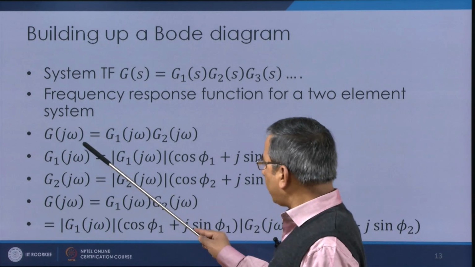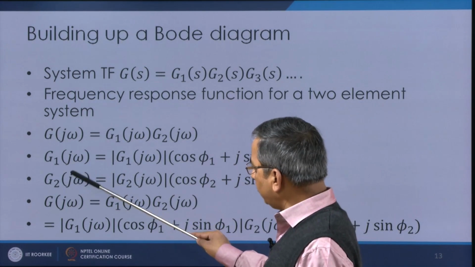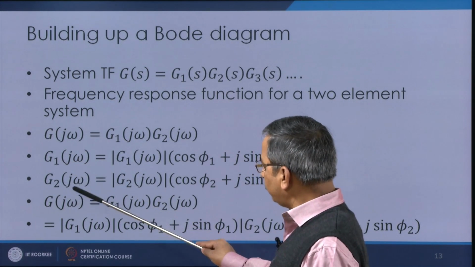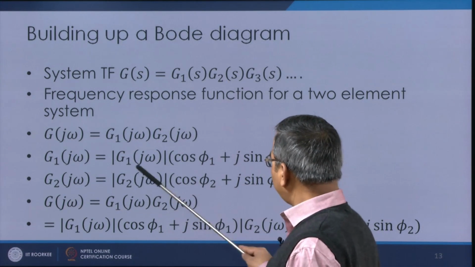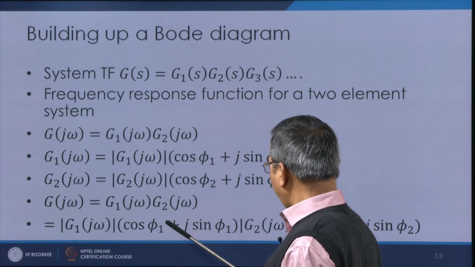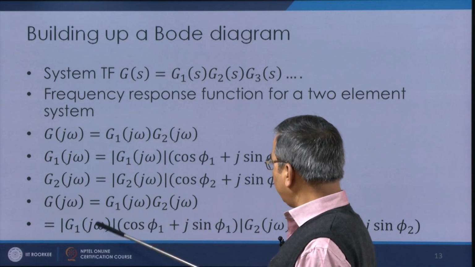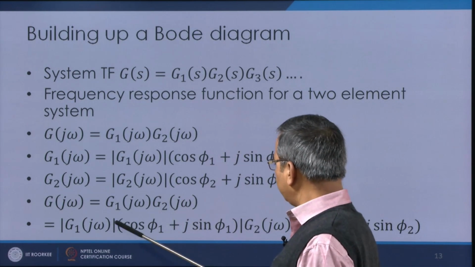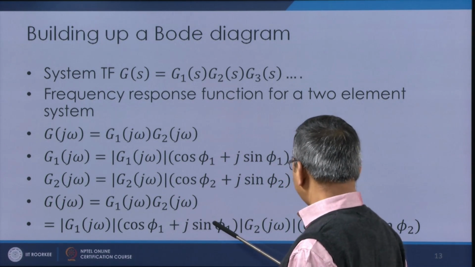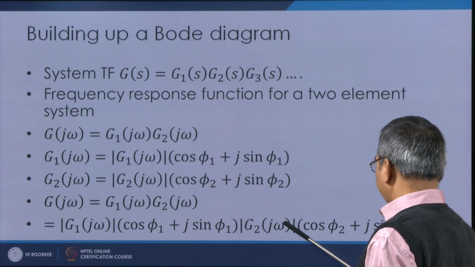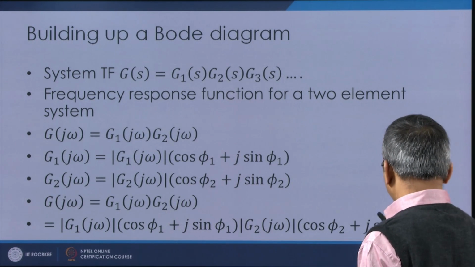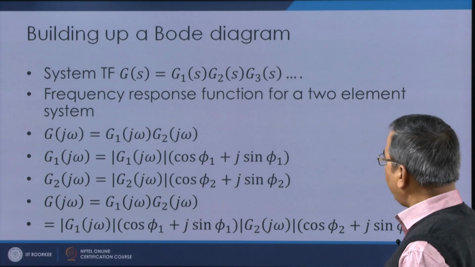So, the product of these two is given by this, and we can substitute these two expressions back here.